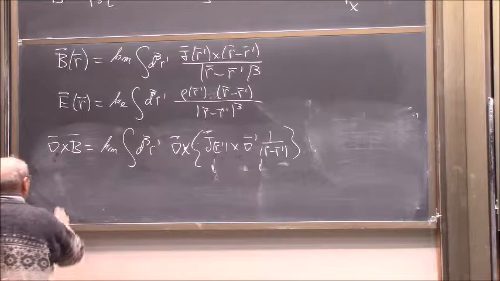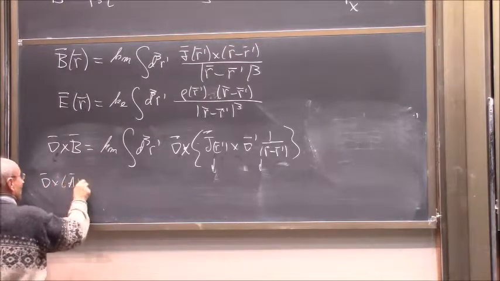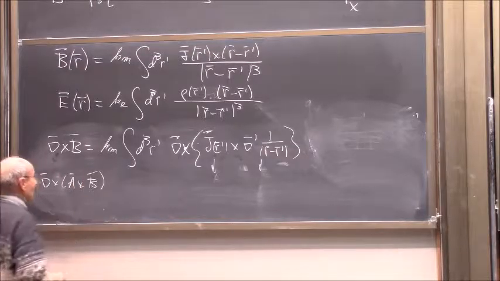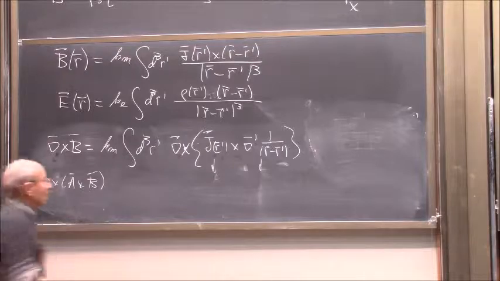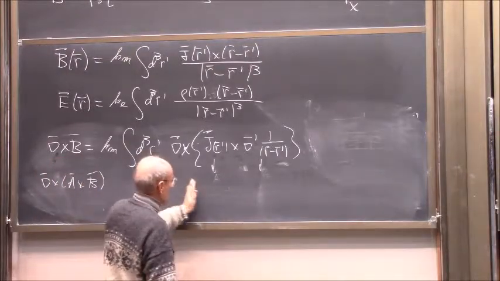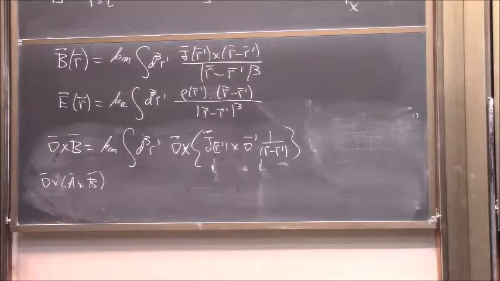And so I need to evaluate the curl of A cross B. Now, that we'll do exactly the way we did before with our triple product. But we're going to run out of time, so I'll do that for you on Wednesday. And this is going to be much more complicated, and we're going to have to look at the delta function, which is the question you were raising. And so that'll be a good thing for next time.